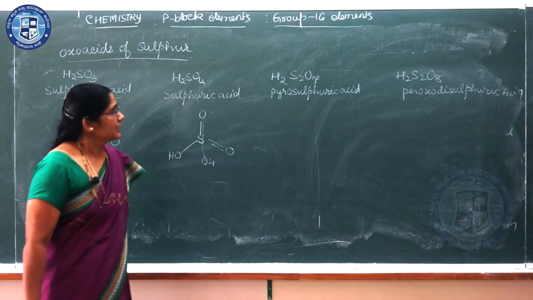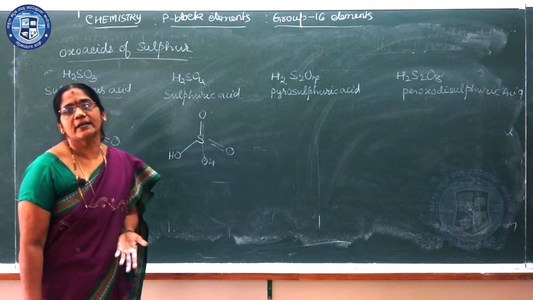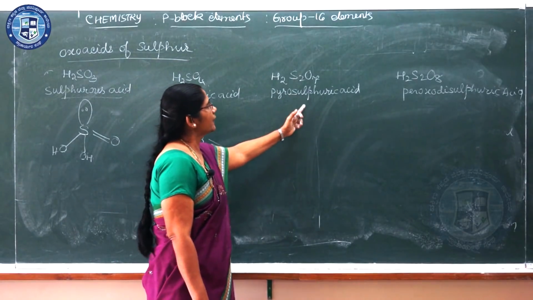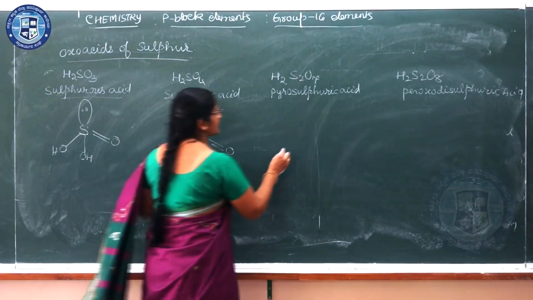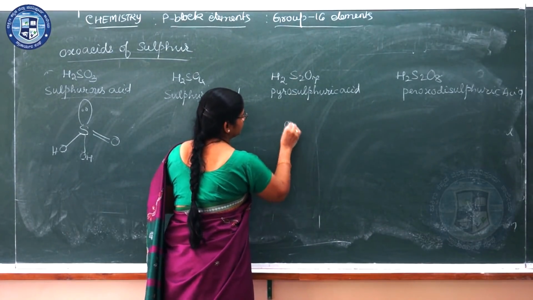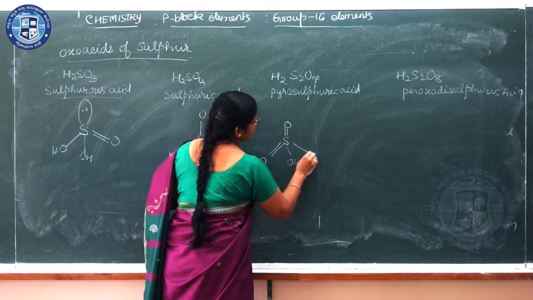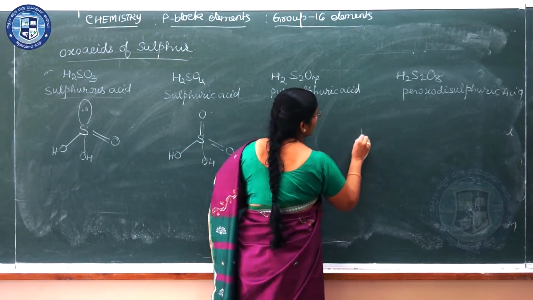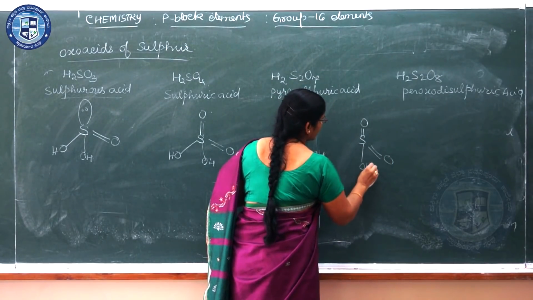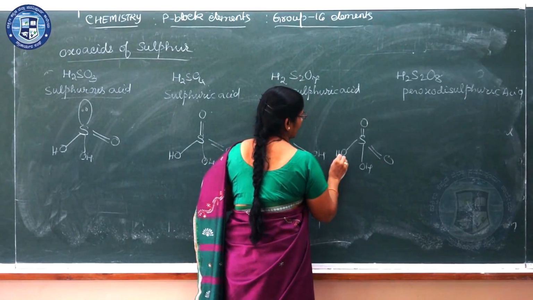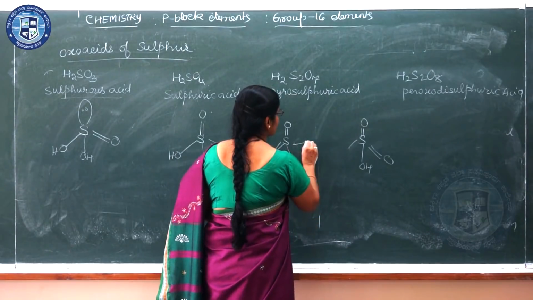Pyro means heating. So when sulfuric acid is heated, a water molecule is removed and you get pyrosulfuric acid. We will see this. If you write OH this side, I can write this as oxygen this side and write OH. You write 1 more here with a double bond and 2 OH bonds like this, or you can write it slightly up also.